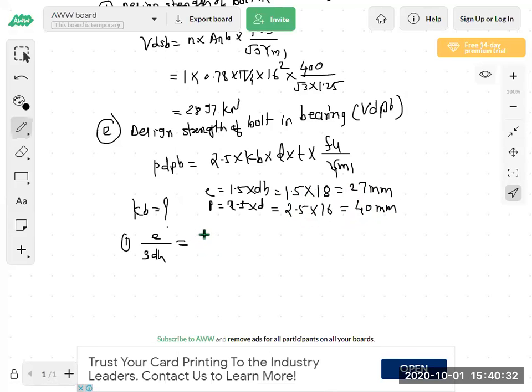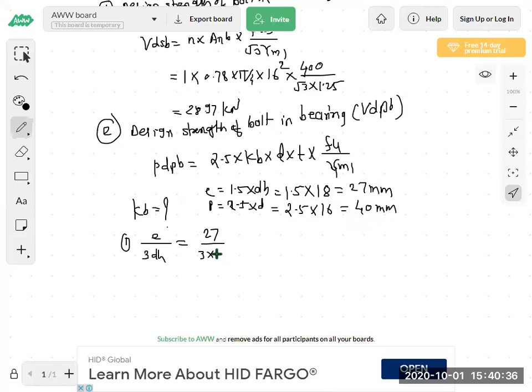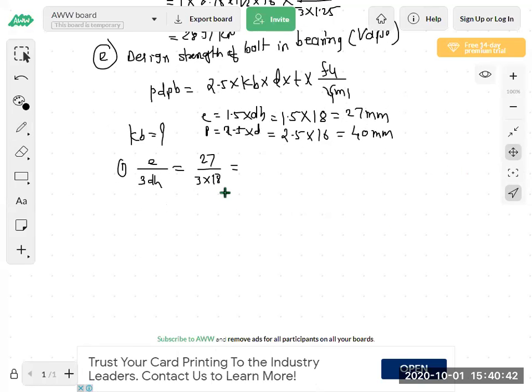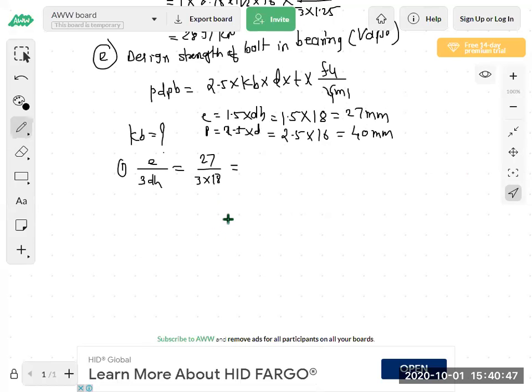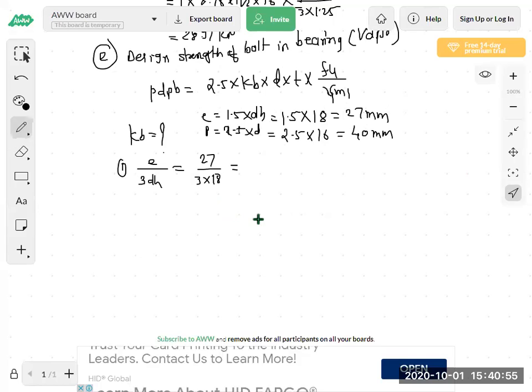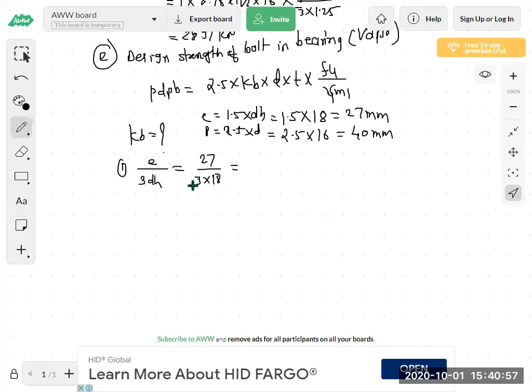So now here 27 divided by 3 into 18. So how much is this? 0.5.